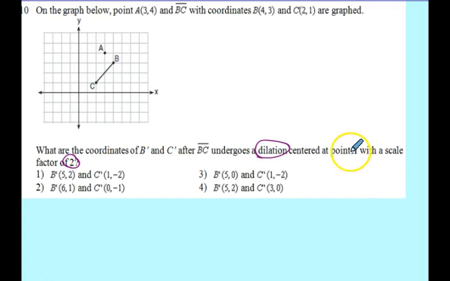find the prime points. And what you have to remember during construction of dilation is that when you have a positive coefficient of dilation, your image will be on the same side as the original if you're looking from the center of dilation.